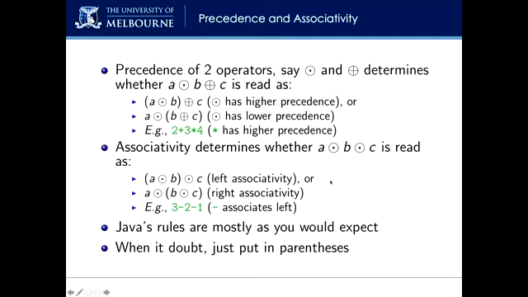So this is just going through the precedence and associativity. This is talking about BODMAS and how multiplication comes first. It's standard high school mathematics. Just understand that if you want to be specific with any value, your brackets come first.